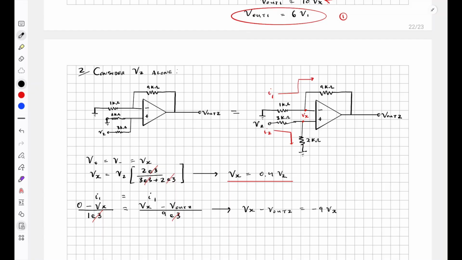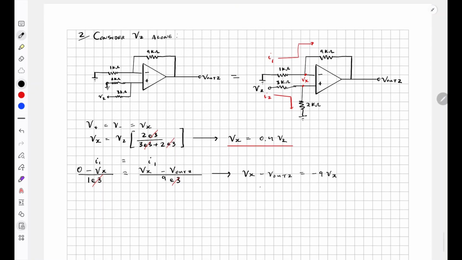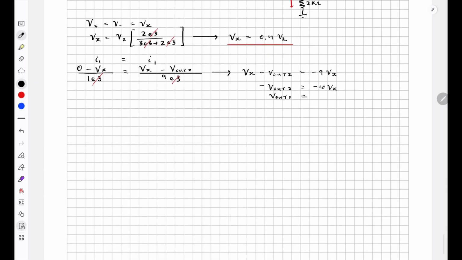Okay, so same thing. Negative V out 2 is equal to negative 10 Vx, minus Vx on both sides. And then V out 2 is equal to 10 Vx, the same as before.